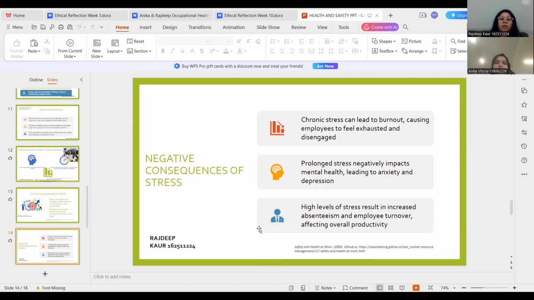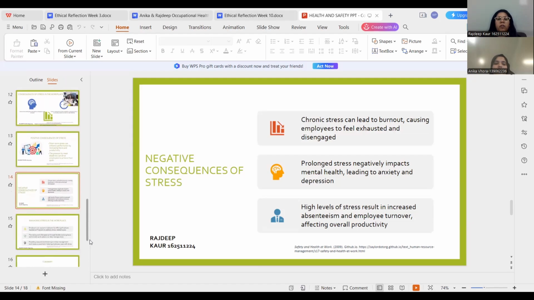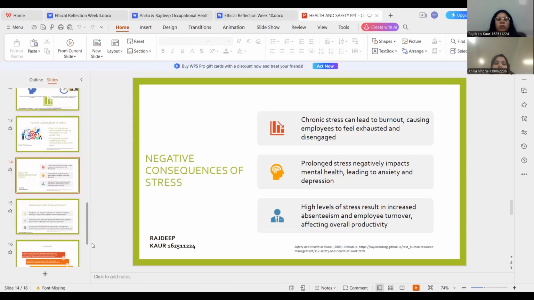Thirdly, a high level of stress results in increased absenteeism and employee turnover, affecting overall productivity. Here also, a leading example would be the healthcare industry, where nurses stay under a lot of stress and go through a lot of phases of stress. So you can see nurses have a very high rate of absenteeism and turnover from that field.